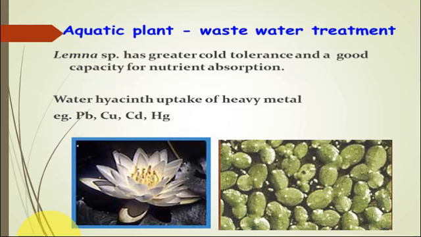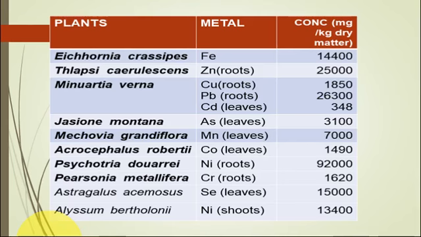Okay, these are other plants that are usually found as accumulators or hyperaccumulators: Eichhornia crassipes, Thlaspi caerulescens, Minuartia verna, Alyssum montanum, Acrocephalus robertii, Picris species, Pearsonia, and Astragalus.